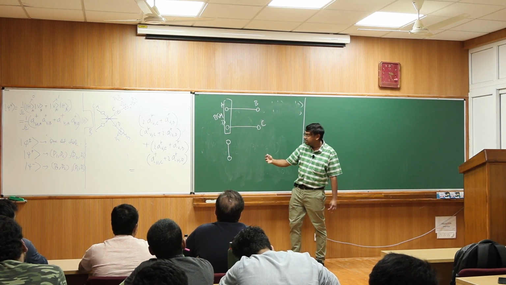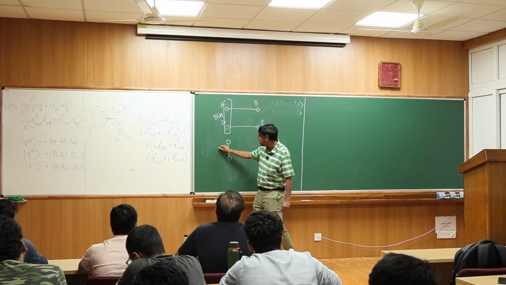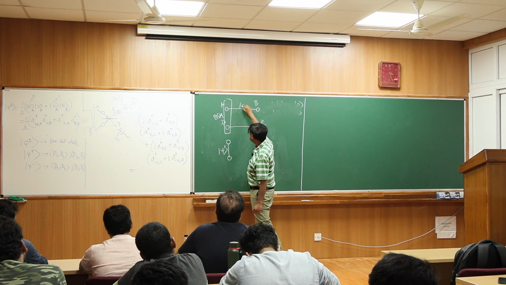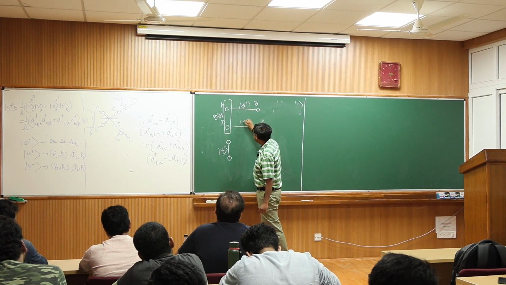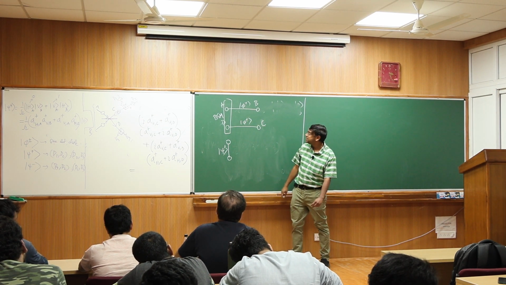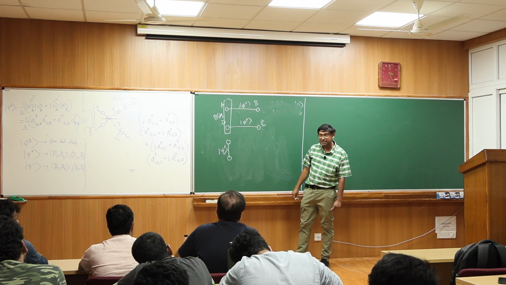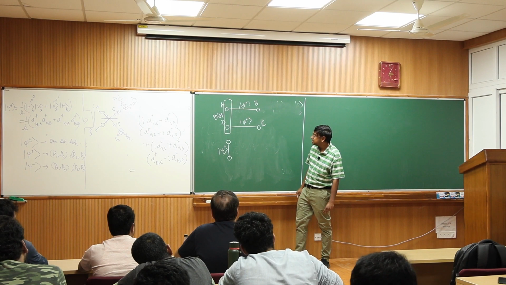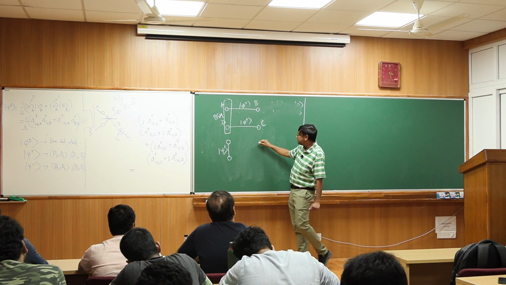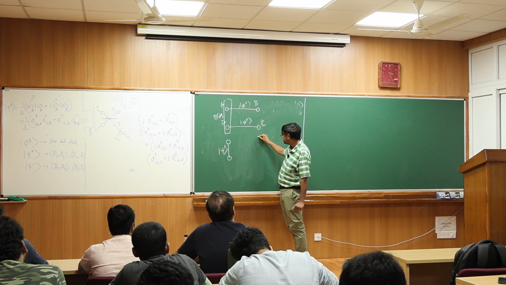You project these two, and suppose you get an outcome psi plus. Suppose they share phi plus here. They share Bell type entangled states, not arbitrary entangled states. Then you do a projection here. What is your guess as to what will happen here?